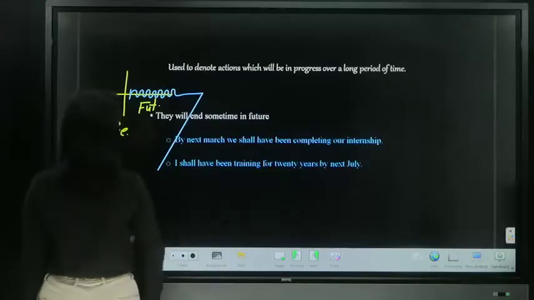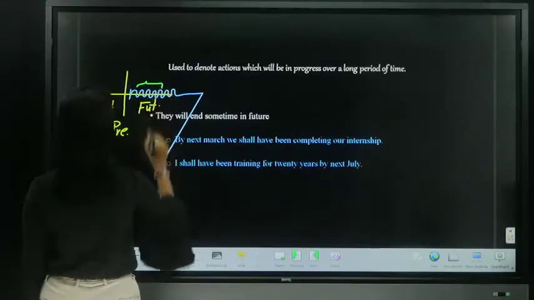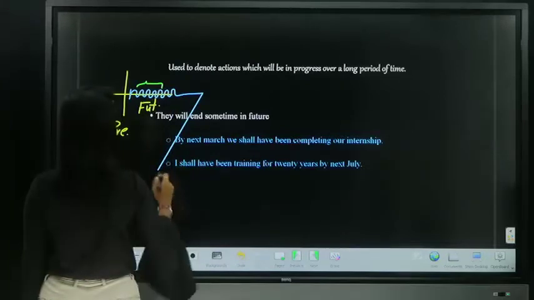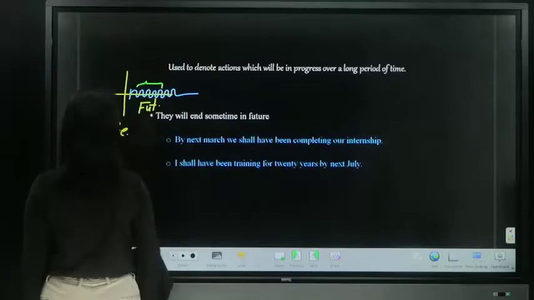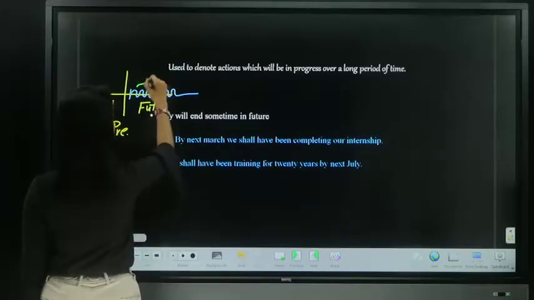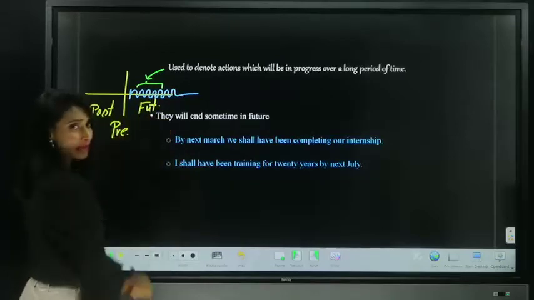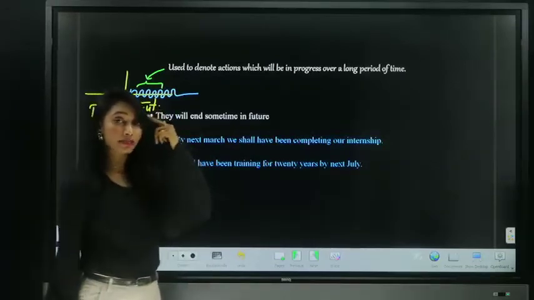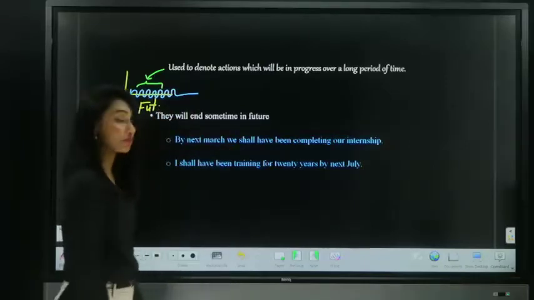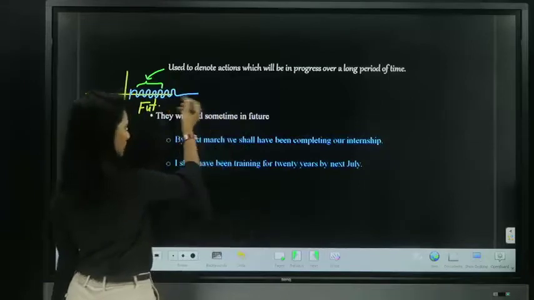So we are interested in this continuous action for a long period of time, at a certain point of time. This continuous action will be represented in future perfect continuous, which again depends upon our imagination.